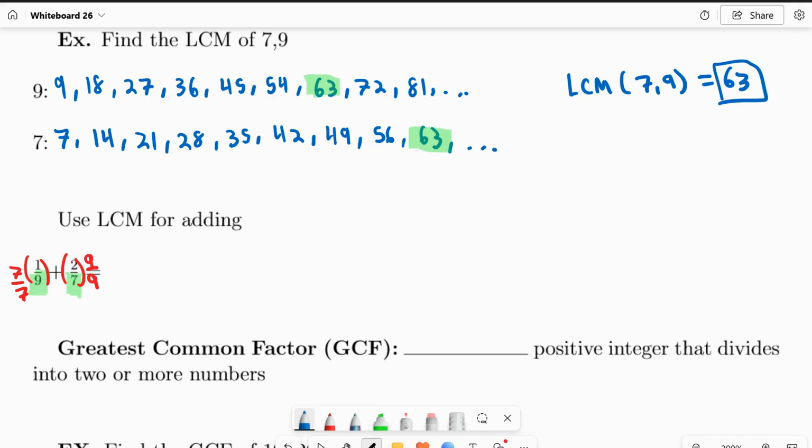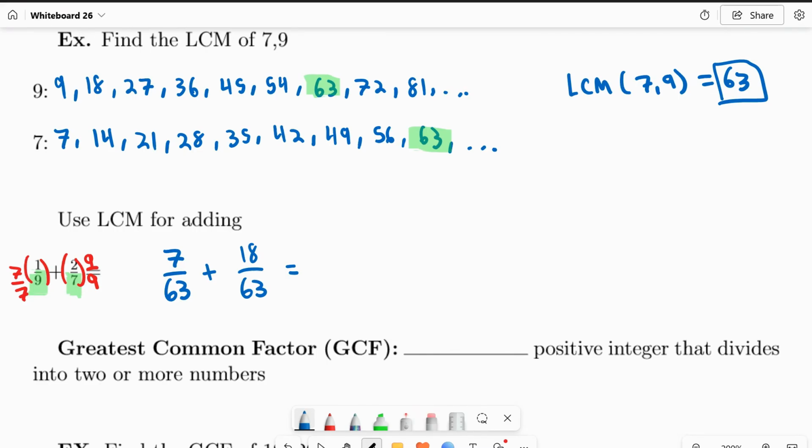So multiplying our first fraction, we have to multiply straight across the top. So I've got 7 times 1, which gives me 7, over 7 times 9, which is 63. Plus, now in our second fraction, I have 2 times 9, which is 18, over 7 times 9, which is 63.